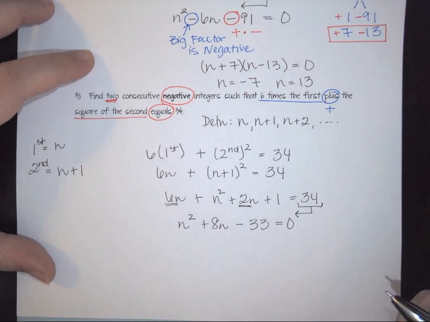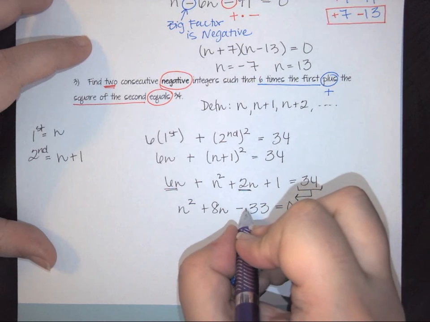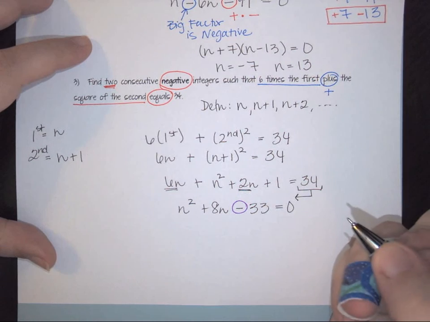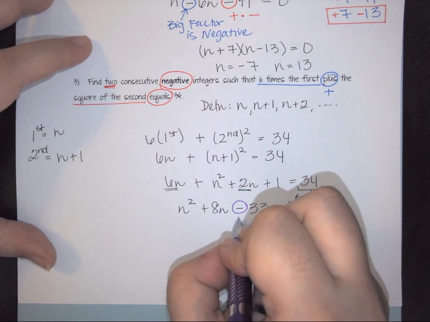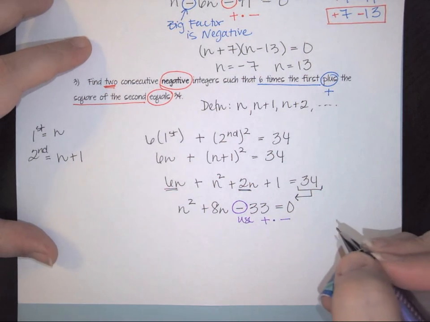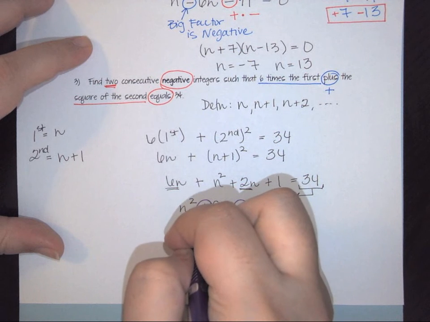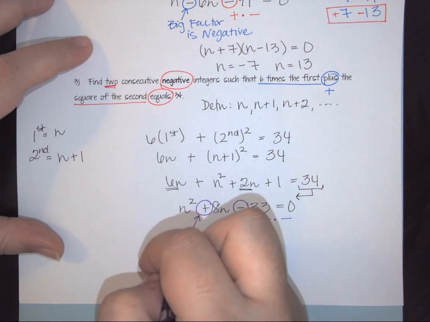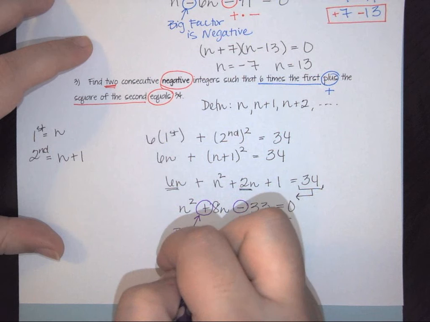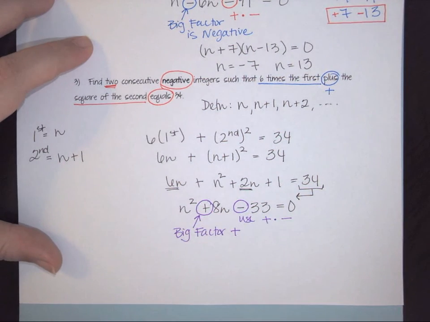So again, I need to solve. One more time as a reminder, this back term here tells us that we are going to use the positive times negative option. This first term here tells us that the bigger factor is positive.